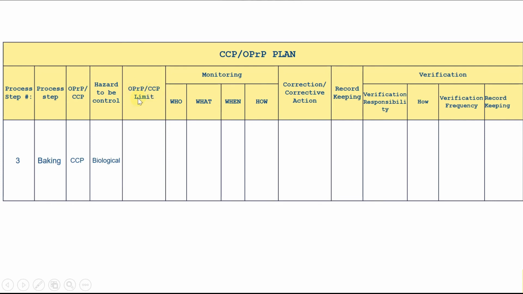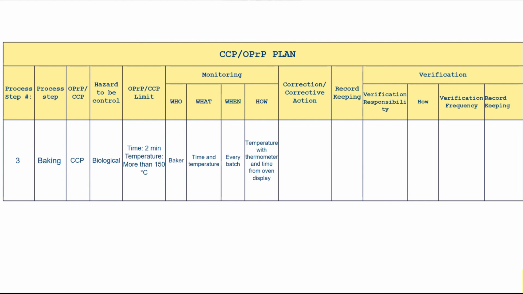At the time of baking, there are two critical limits: one is time and the second is temperature. Then we need to make a monitoring procedure. Who will monitor? The baker. What? Time and temperature. When? Every batch. And how? Temperature with a thermometer and time from our display. In case of deviation, what will be our correction or corrective actions?